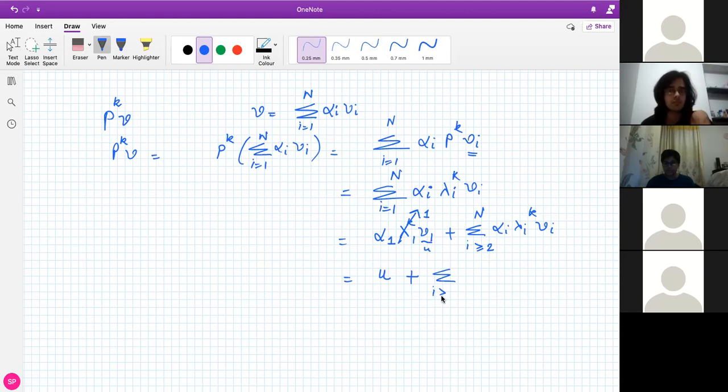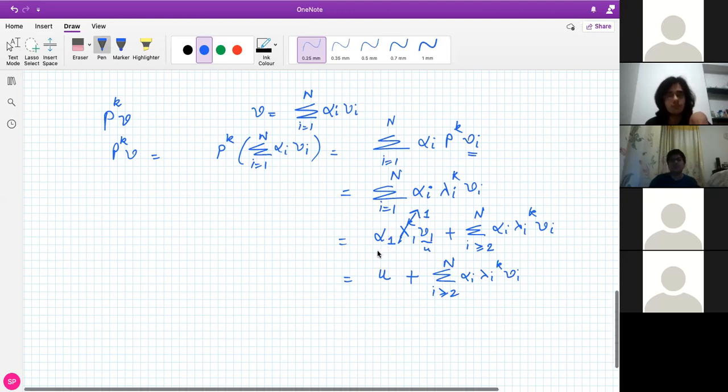That's because, see, whatever P^k is on V, it's going to give a probability distribution in the end, okay? And the summation of all these elements, say, so it gave some vector. We know that all the values in this vector are going to add up to 1, okay? Now we know the values in U also add up to 1. But actually, the values in the other terms, if you add them, they'll all be 0 because the elements of Vi are going to add up to 0. So none of these is going to affect. That's why alpha 1 has to be 1.